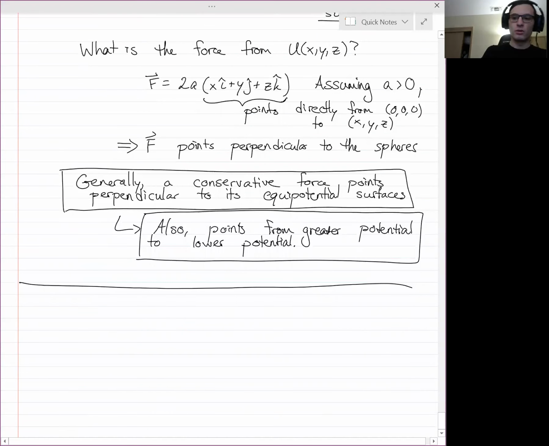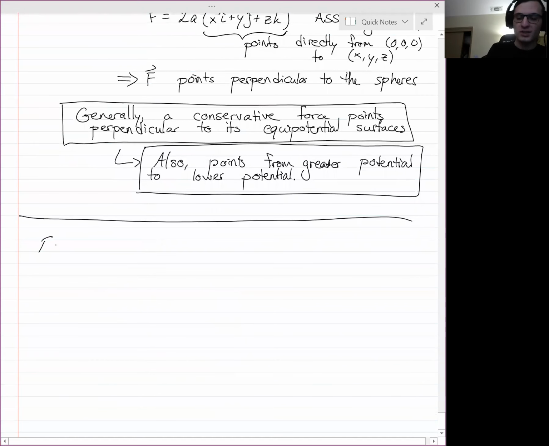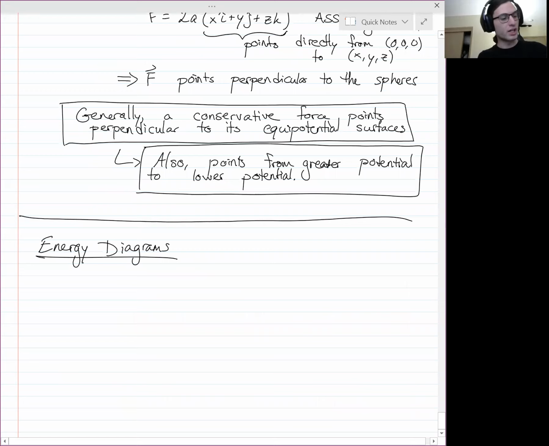Anyway, I have to now move on to a topic called energy diagrams. This is also on the homework, so I need to make sure to cover it. Energy diagrams are just another tool to help us understand systems in terms of energies. Basically, they are graphs of potential energy in terms of position in space.